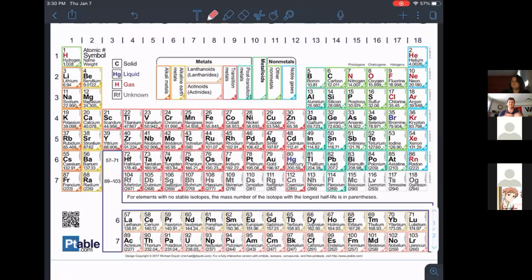Awesome. So let's figure out those valence electrons. Who can tell me how many valence electrons are in that first column, that first group? One. Perfect. There's 1 valence electron in that first column, the alkali metals. What about column 2 or group 2? 2.